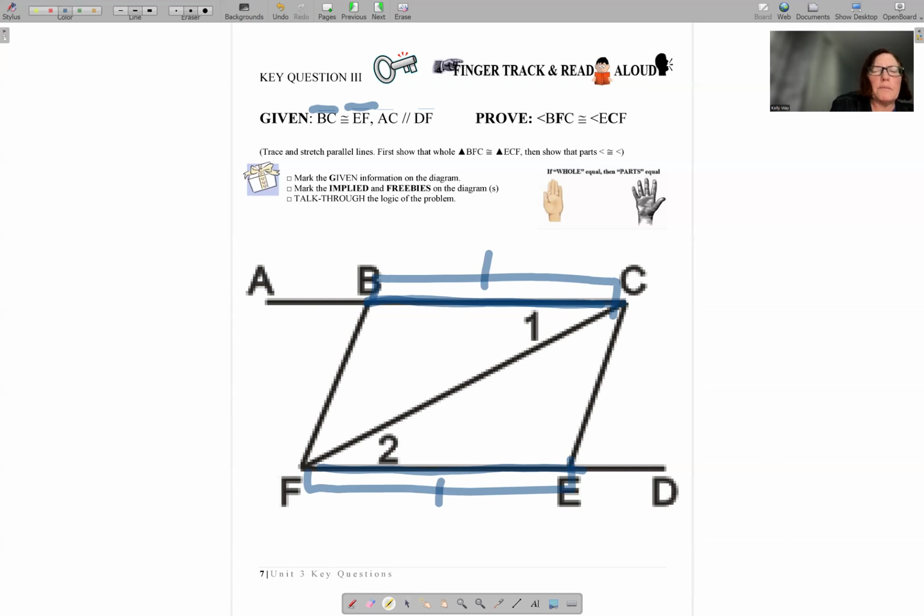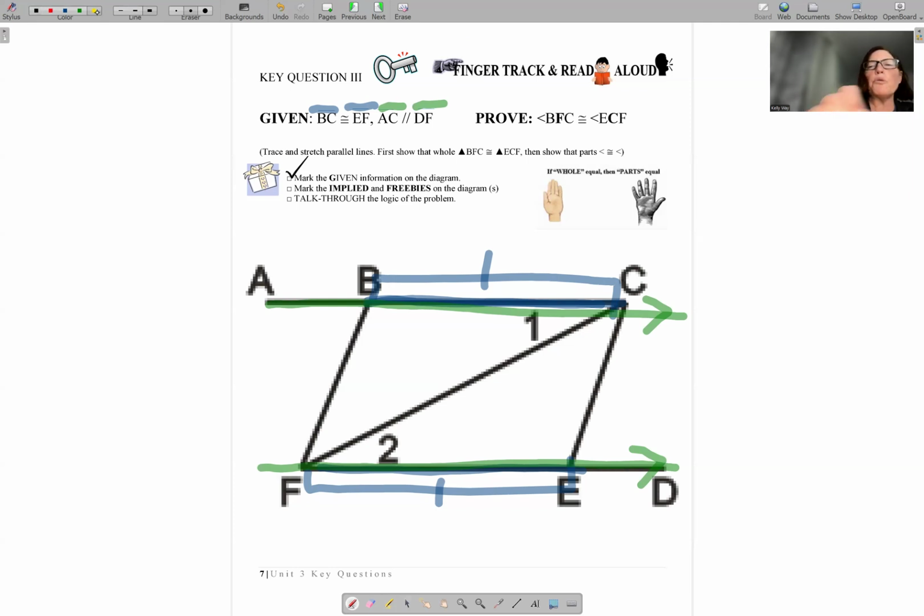Congruent. You're also told that AC is parallel to DF, so I'm going to stretch it out and do the little arrow feathers. Okay, we are done with our given.